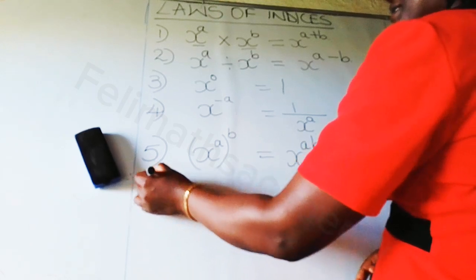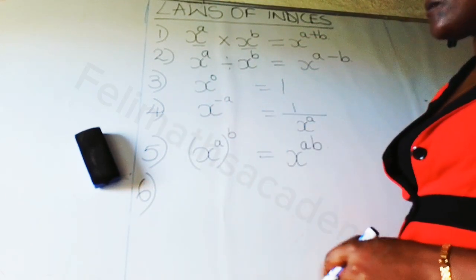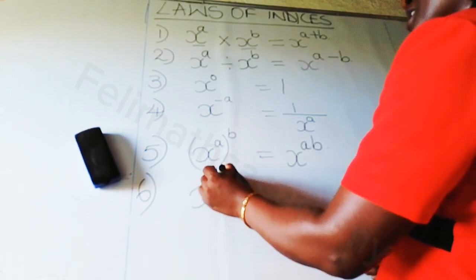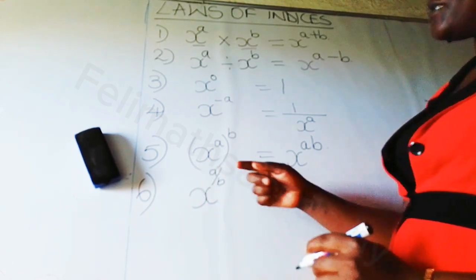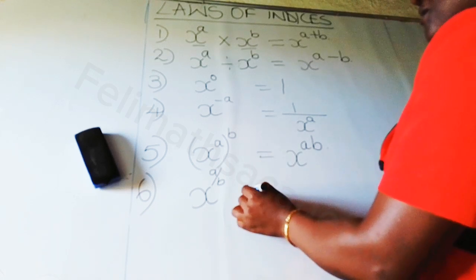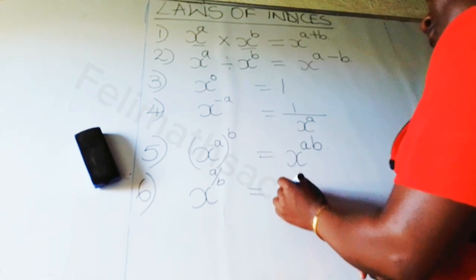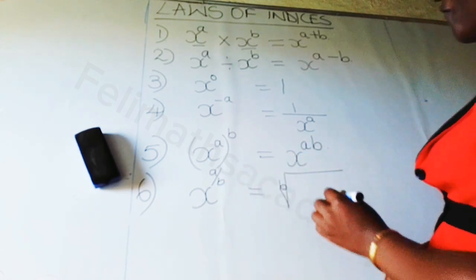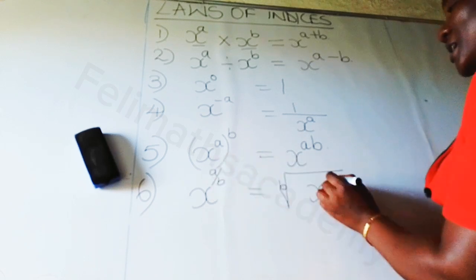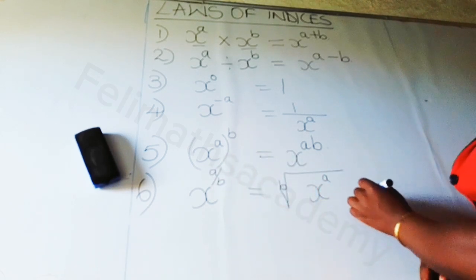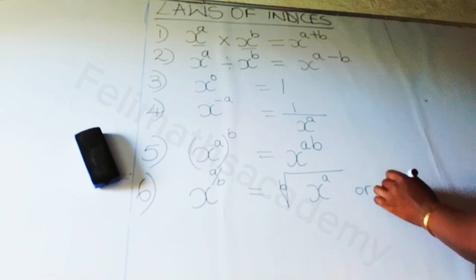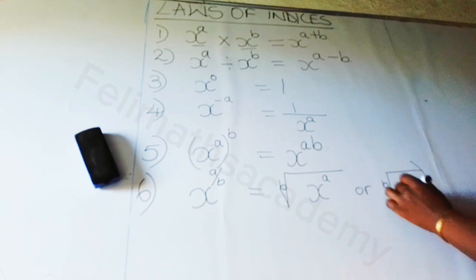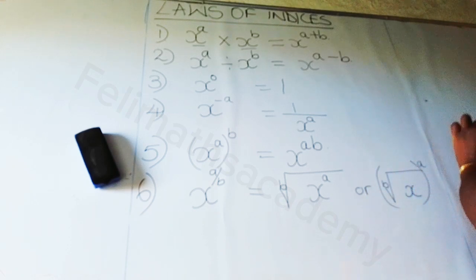Number 6, fractional indices. x to the power a over b is equal to the bth root of x to the power the numerator, or the bth root of x, all raised to the power a.